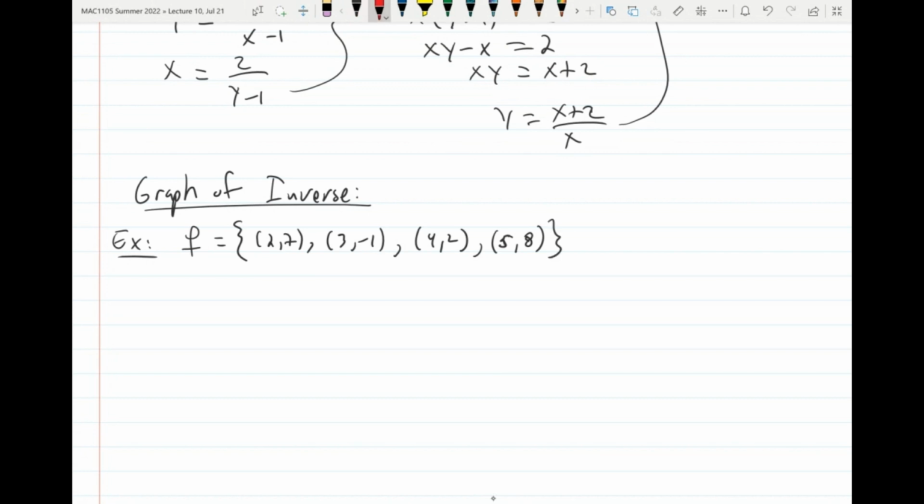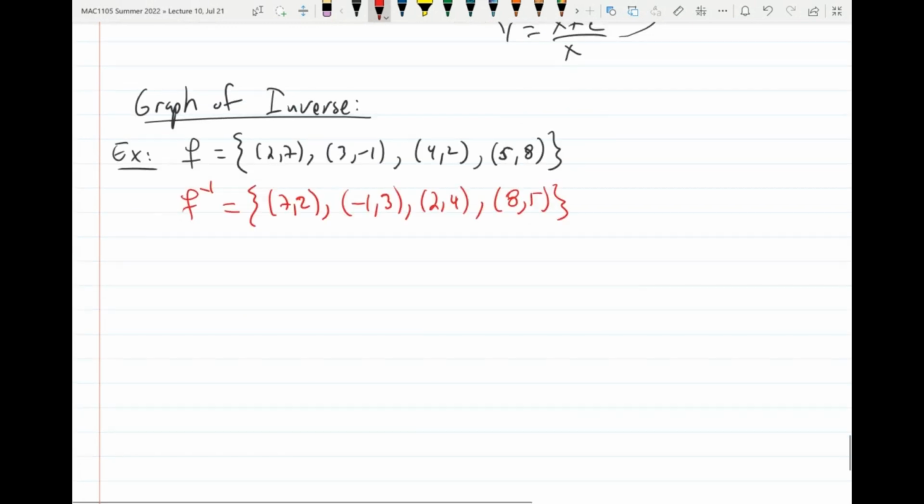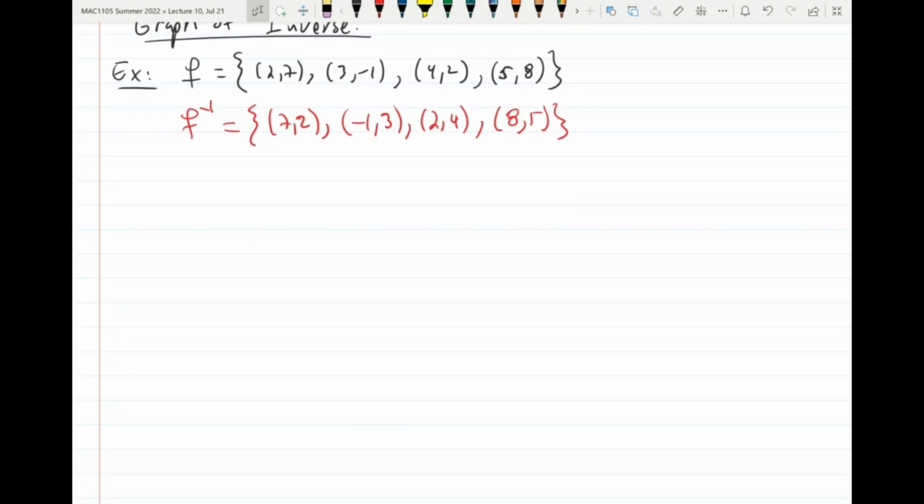Okay, and then we know that this has an inverse and is a function: 7, 2, -1, 3, 2, 4, and then 8, 5, right? It's the inverse. So let's graph the function f and let's graph the inverse on the same picture, and then hopefully we're going to notice something.